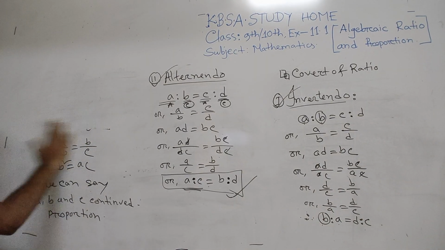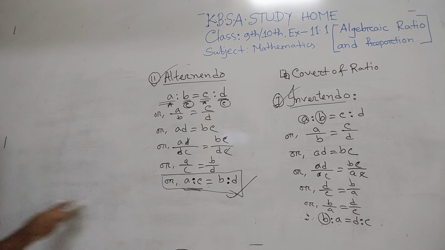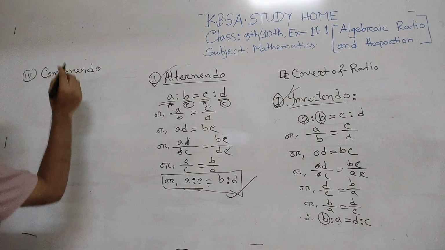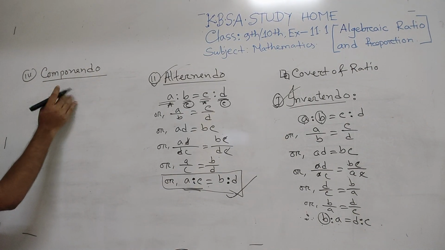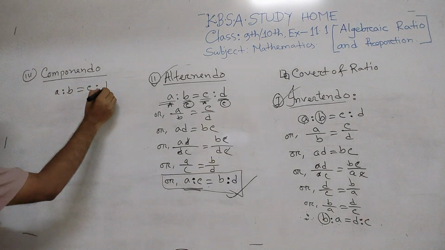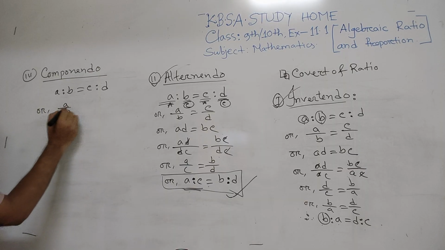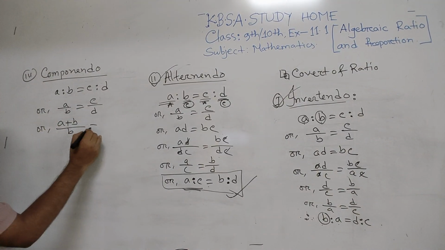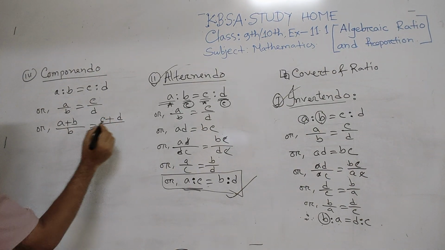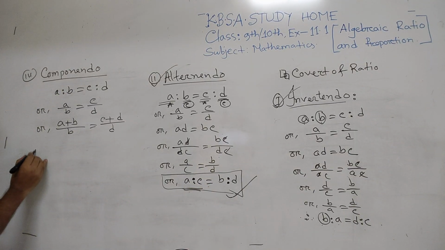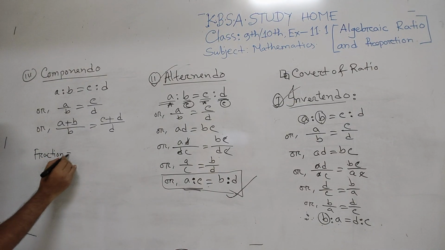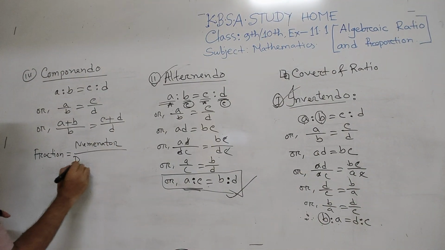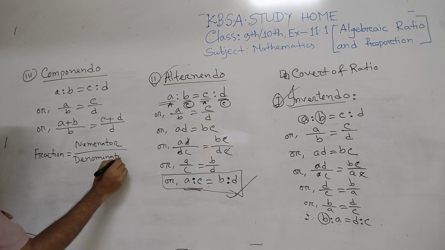Now we will learn componendo. We can write it A colon B is equal to C colon D, or A by B is equal to C by D, or A plus B by B is equal to C plus D by D. We know fraction, numerator divided by denominator.